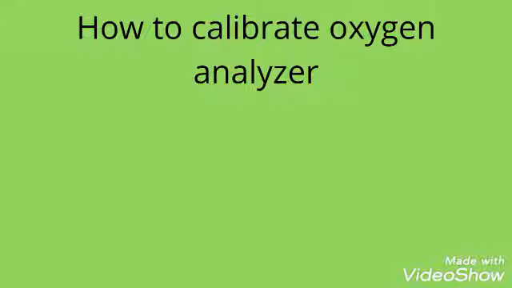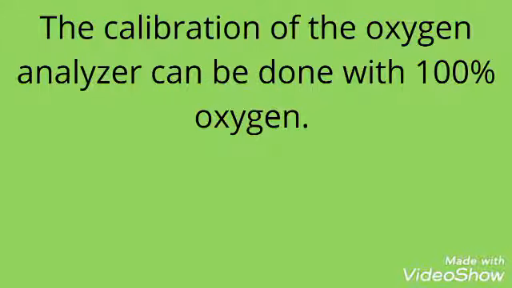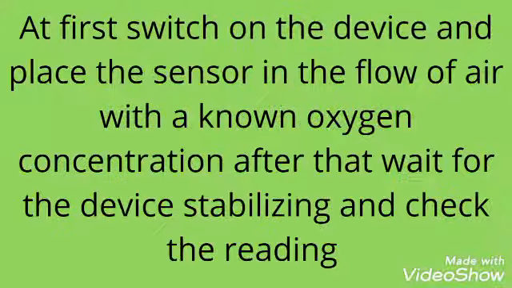Now we will see how we can calibrate the oxygen analyzer. There are two types of calibration, zero calibration and span calibration. If we want to do the span, we will provide 100% oxygen concentrated gas to the analyzer and we will adjust its span.